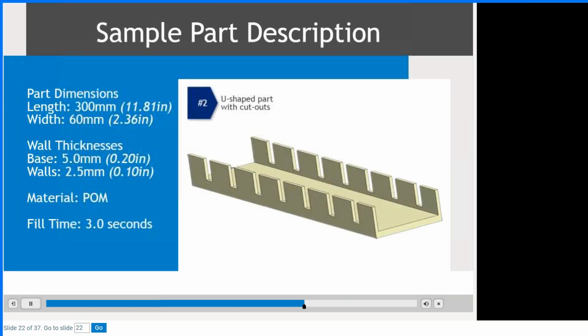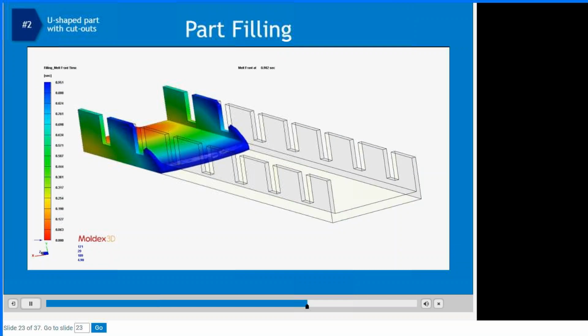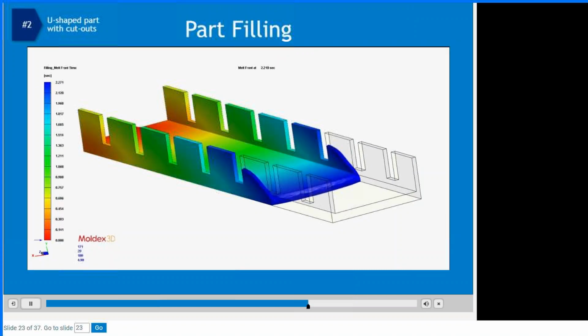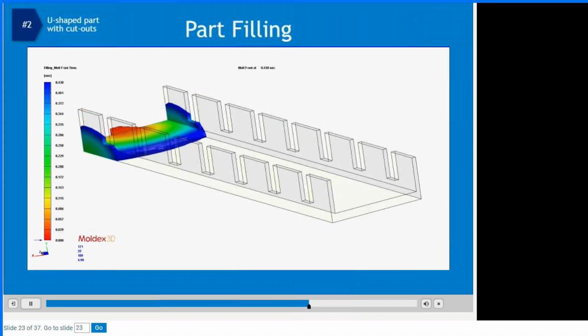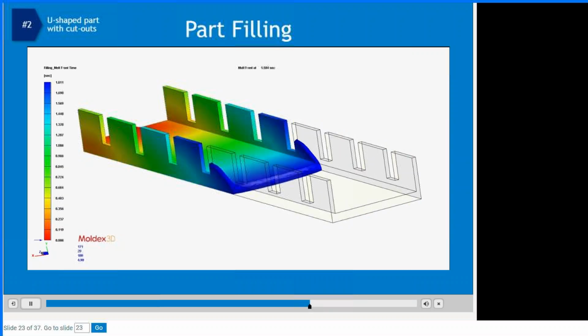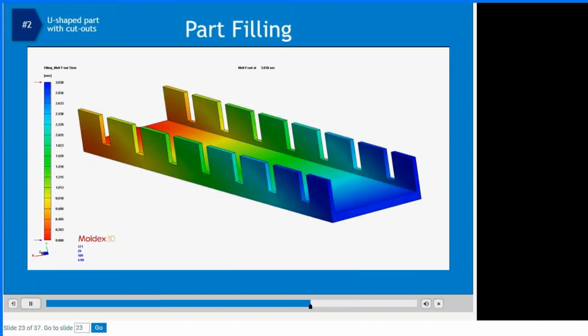The part for the second evaluation has the addition of cutouts, which break up the geometry. The addition of the cutout to the design did not create any adverse filling results. The part fills without any issues, but the upright walls still show some lag in filling.